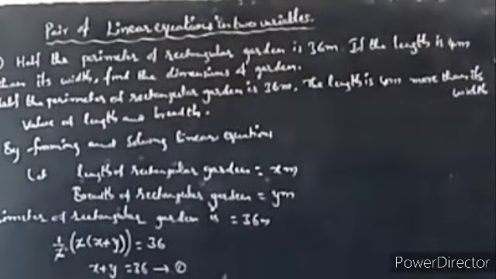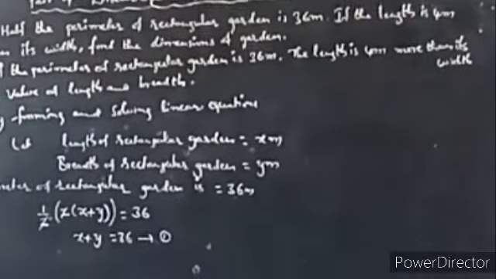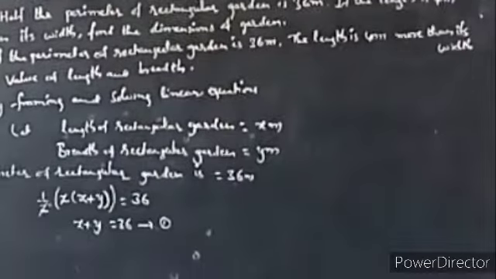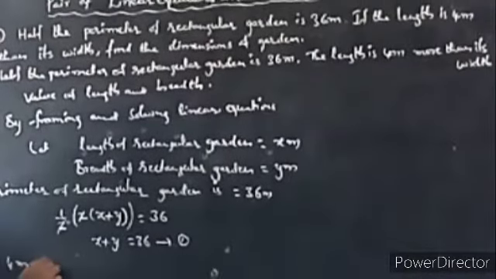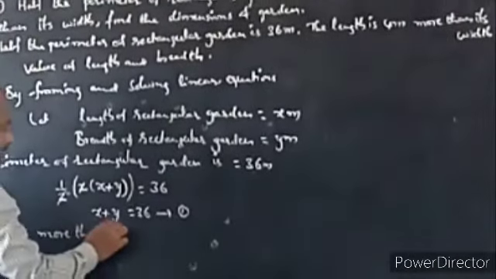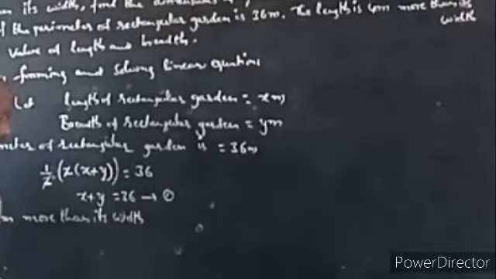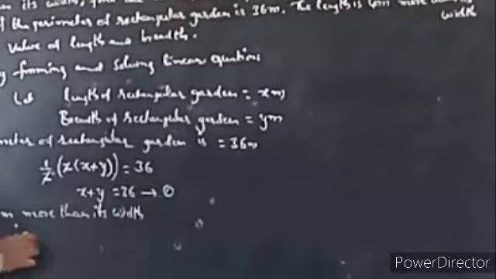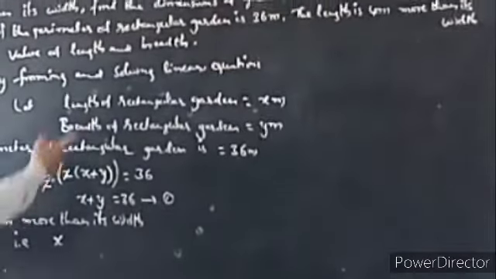Okay now. Next, length is 4 meters more than its width. Width or breadth are both the same only. Length is x, we assumed.